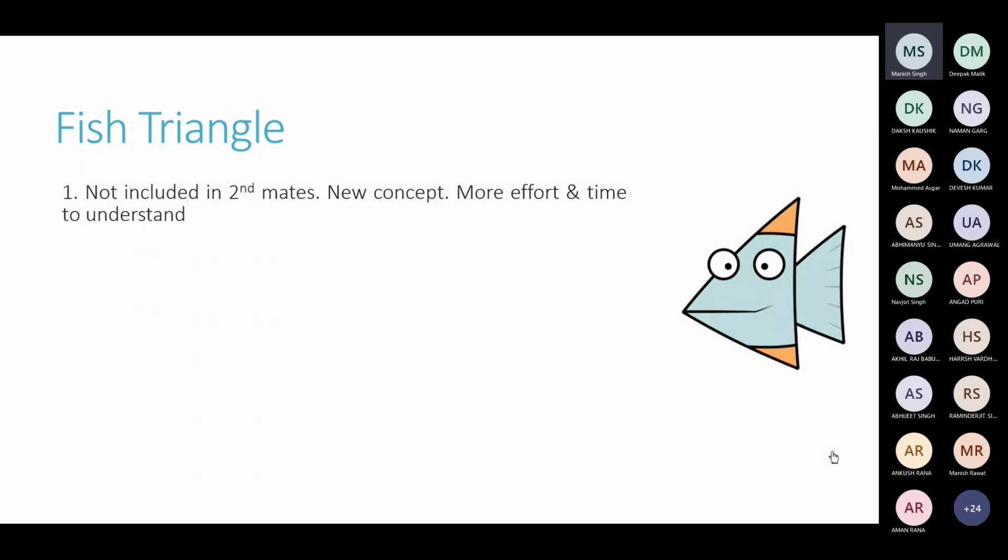So this is going to be a new concept for you. So any new concept which we go into will require a little bit more effort and more time for it to be understood. So we will slowly proceed ahead with this topic step by step, understanding the concept.